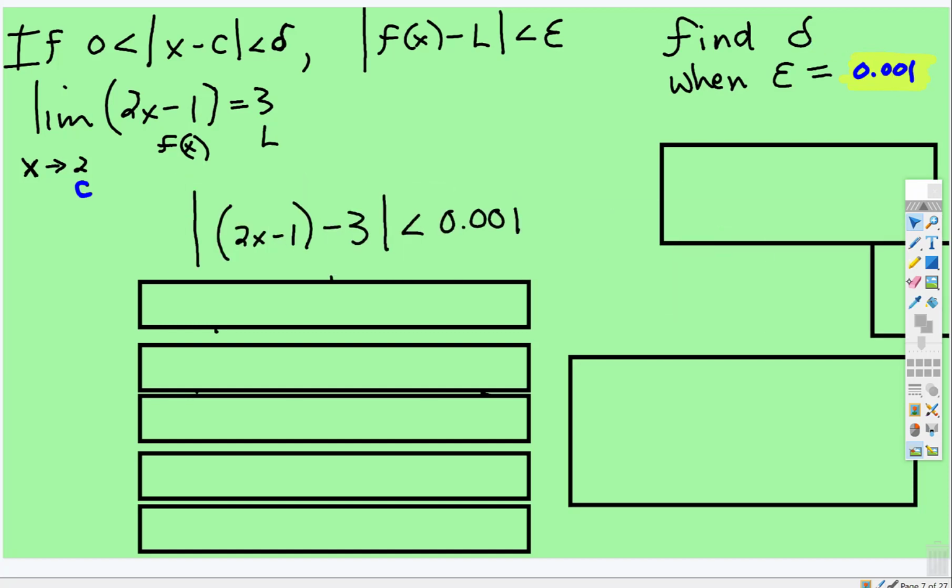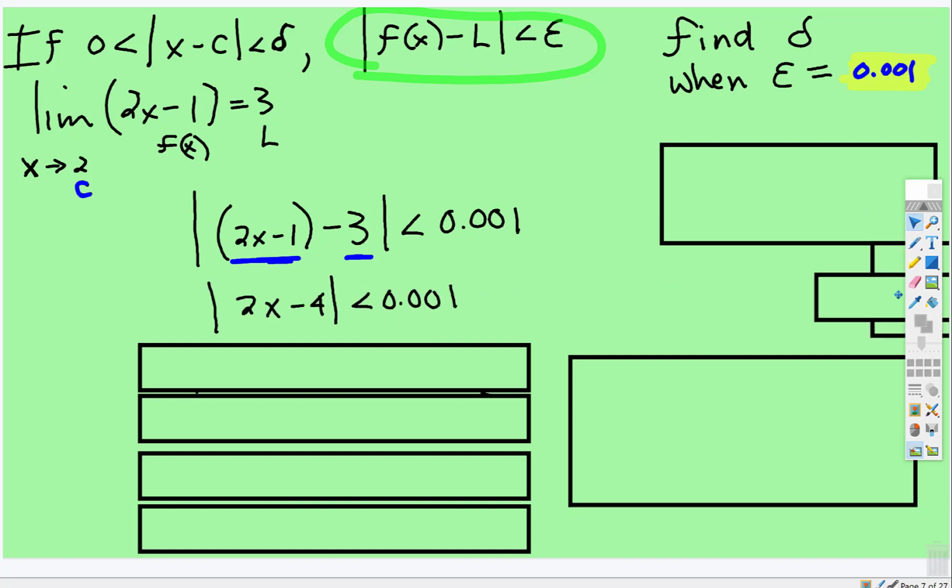So we go ahead and set it up using this information. We take the f of x, subtract the limit, and we're going to set the absolute value of that less than the epsilon distance. And then we're going to simplify this. Negative 1 subtract 3 is negative 4. And then both of these share a 2.